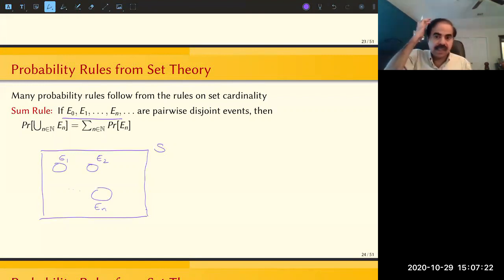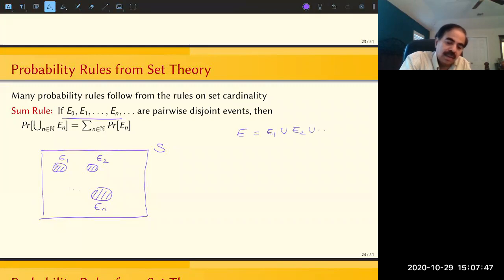They are disjoint, therefore they are not overlapping in any way. If you define an event E to be their union, then we know that the cardinality of E is nothing but the sum of the cardinalities.